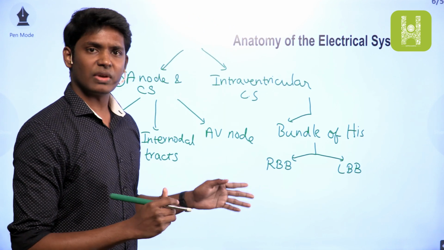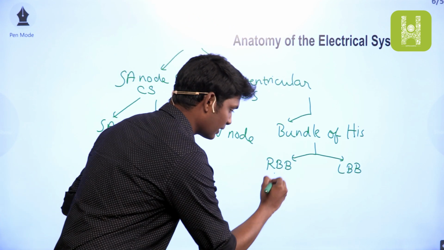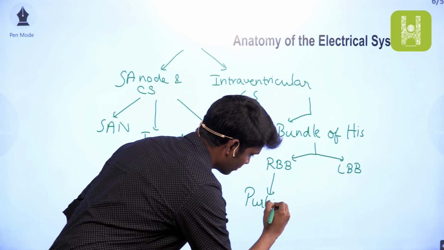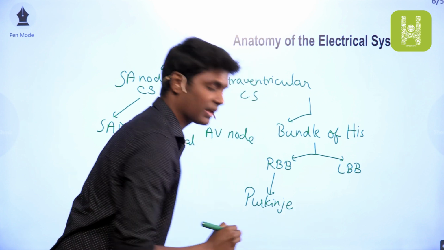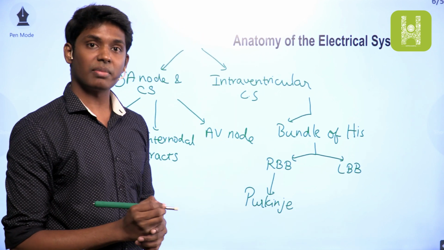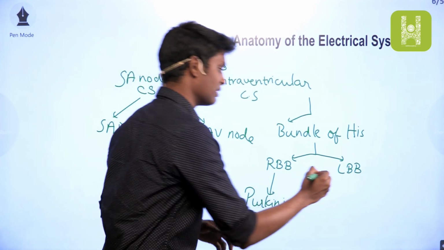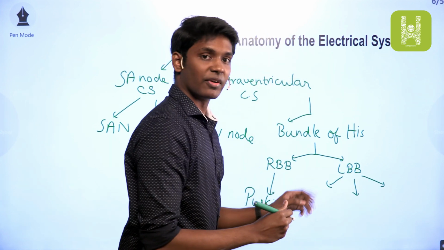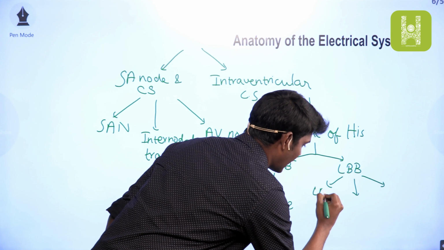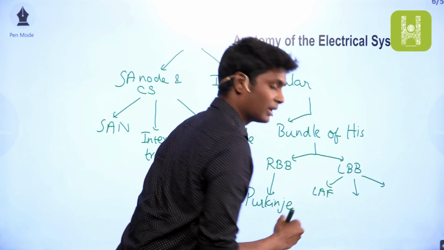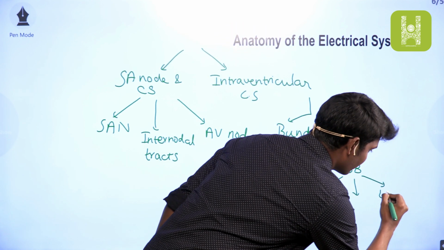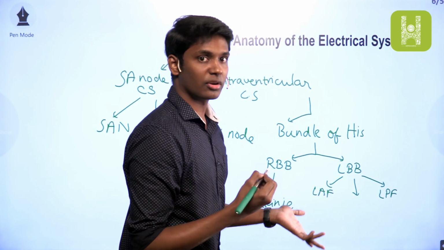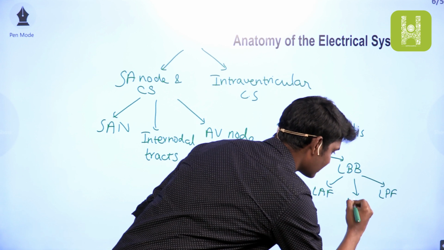The right bundle branch is very thin and long, which actually ends in the Purkinje fibers, whereas the left bundle branch actually divides into three more divisions. So the first one is the left anterior fascicle, the second one the left posterior fascicle, and the third one is pretty inconspicuous again, it is the mid-septal fascicle.